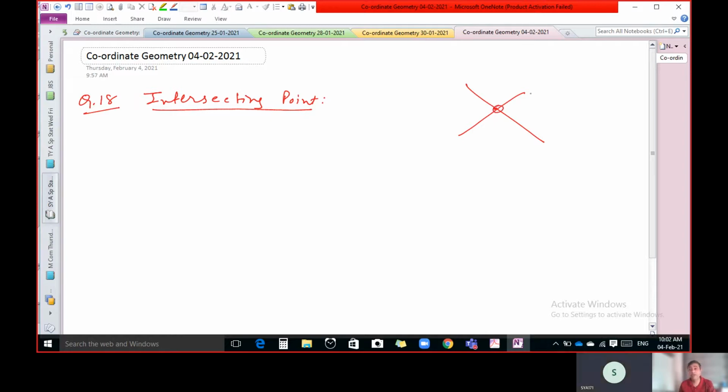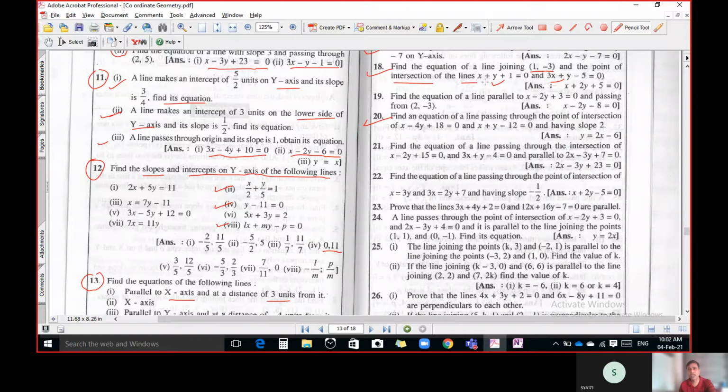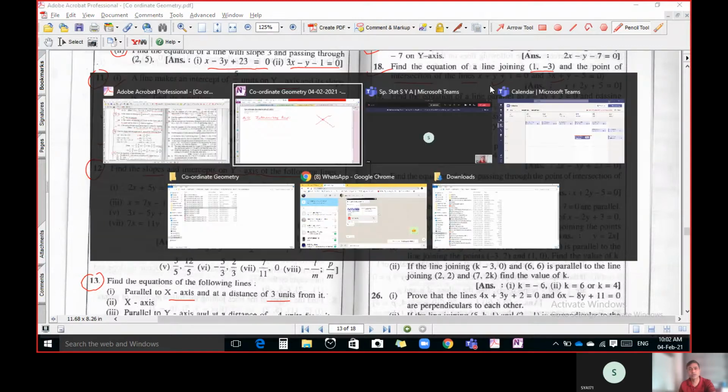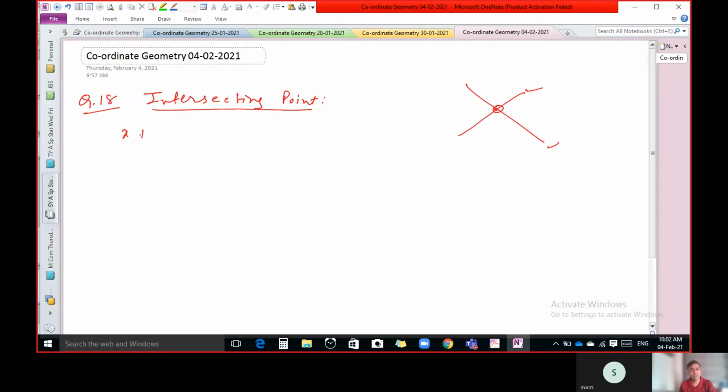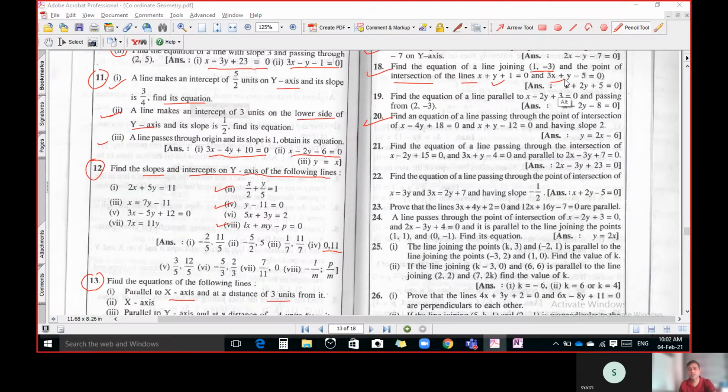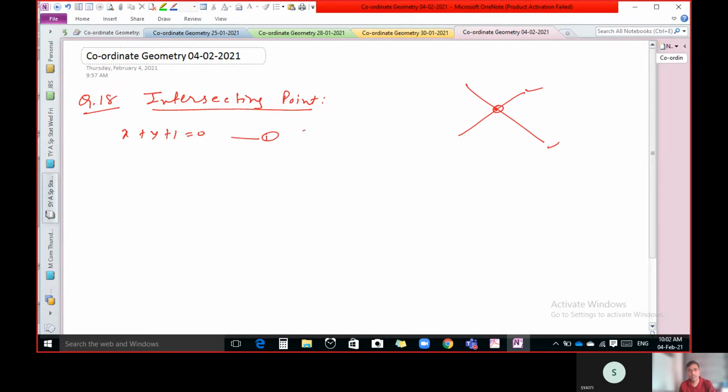So if we have the equations of two lines, solving those two, we get this point. Our equation 1 is x plus y plus 1 equal to 0. Second equation is 3x plus y minus 5 equal to 0, equation 2.